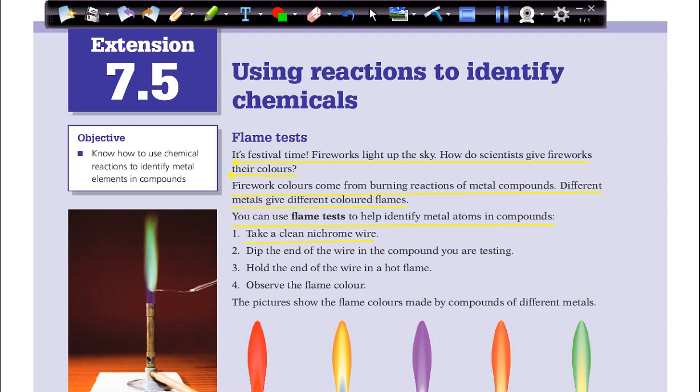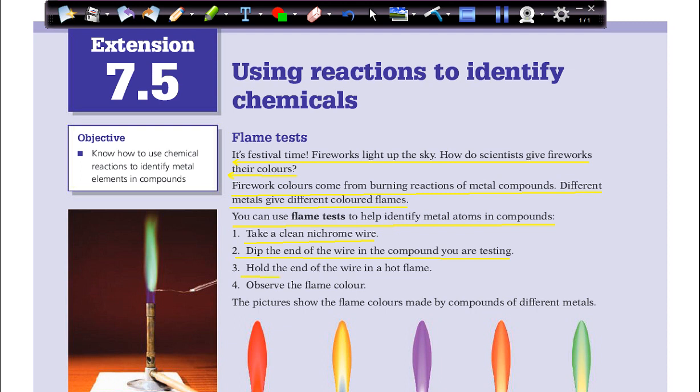The second step is we need to dip the end of the wire in the compound you are testing. So if we have an unknown compound, we don't know what it is, we put the end of the wire inside the compound and take it out.